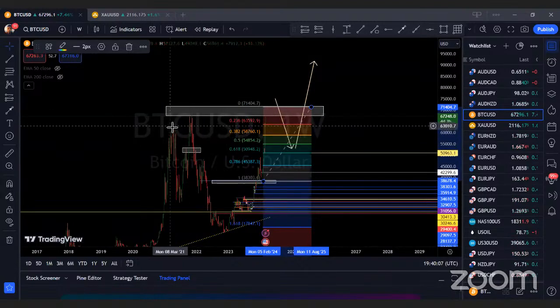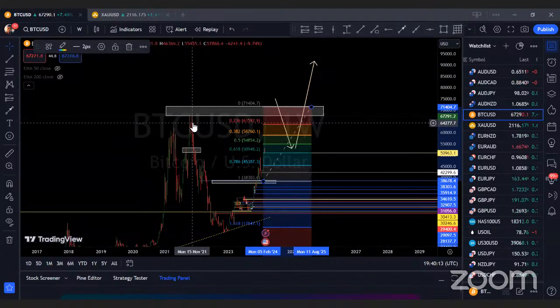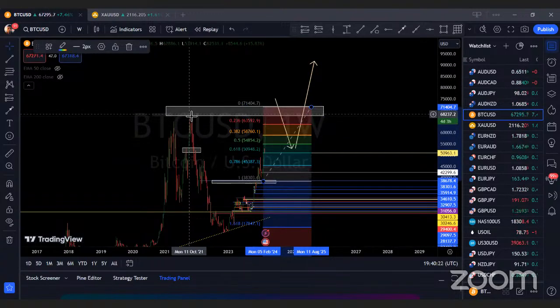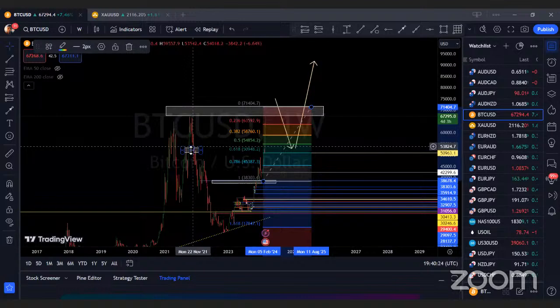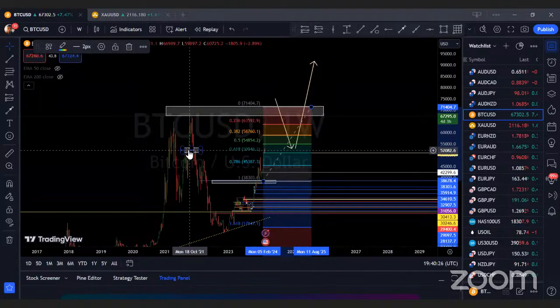Because you can see that 2021 has a previous high, okay? Then that same previous high was broken after 6, 7 months here, before the market gave us a reversal pattern over here.